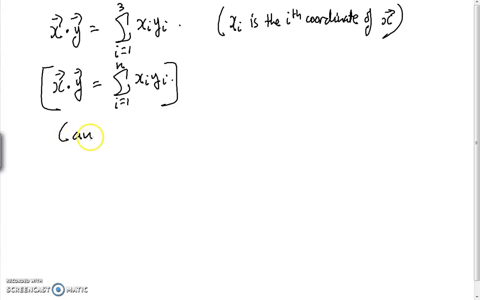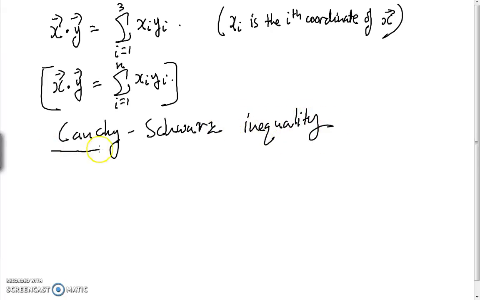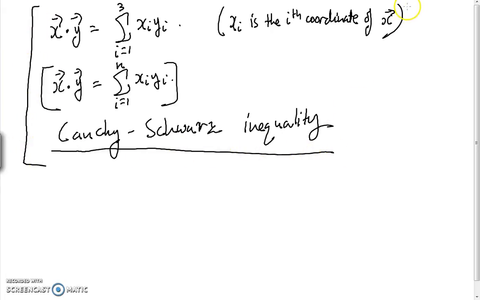So the Cauchy Schwarz inequality. This is a celebrated inequality in mathematics, and it's very important. It's very useful, which we'll begin to actually use in the next few videos. So let's get to proving it.